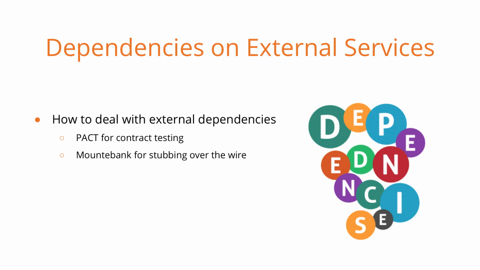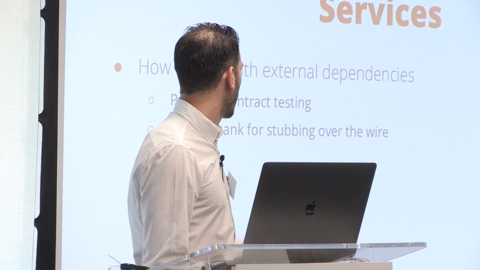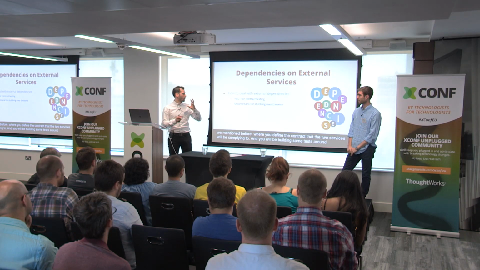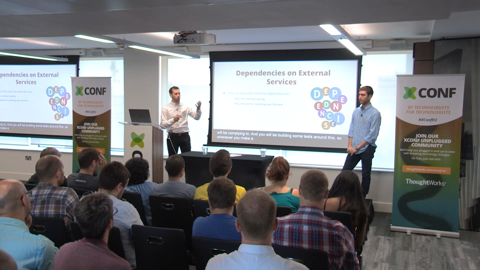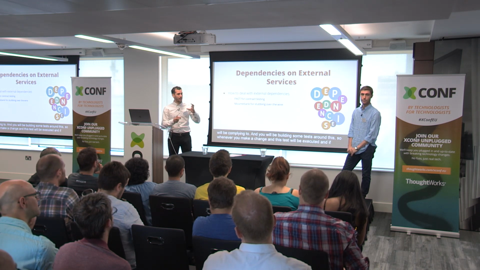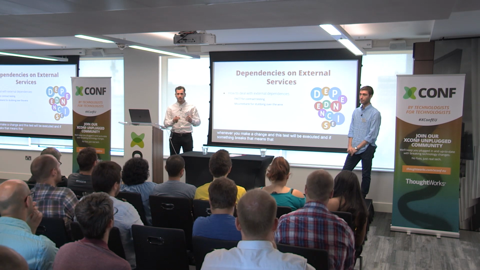How do we deal with the fact that I cannot connect to the internet, but I still have some external dependencies? Well, one option is to use contract testing. So whenever you make a change, this test will be executed, and if something breaks, that means that you're no longer complying with the contract.